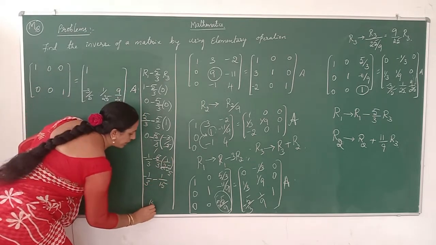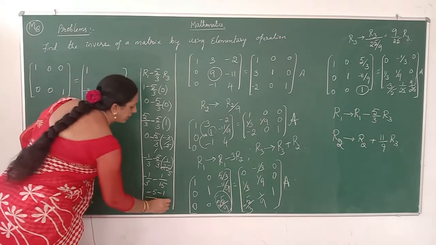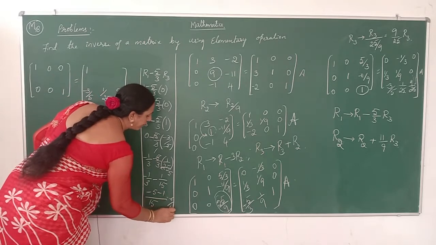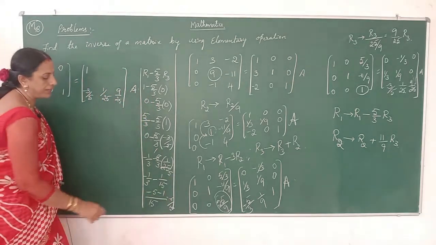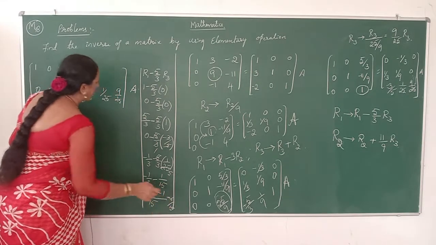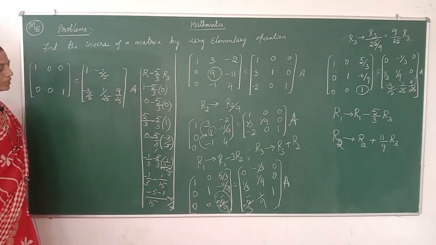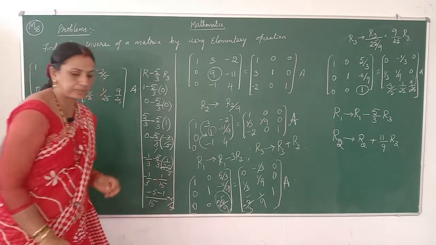LCM 15: minus 5 minus 1, that is minus 6 divided by 15. Otherwise it can also be written as minus 2 divided by 5, dividing by 3.